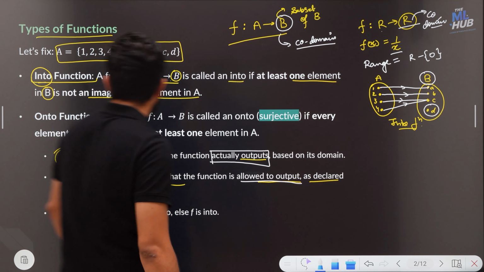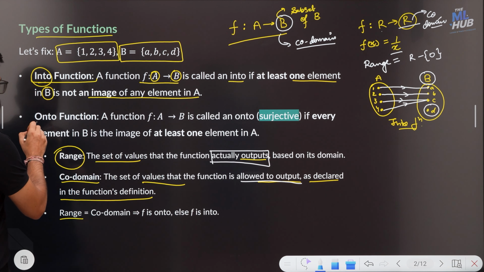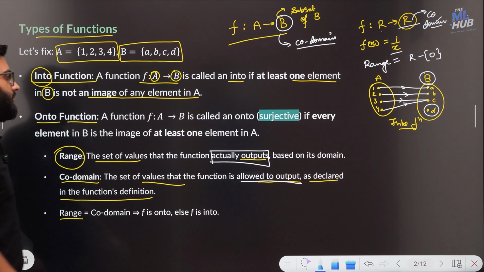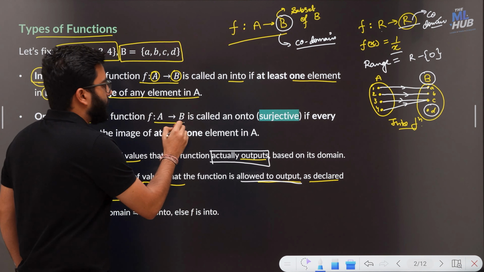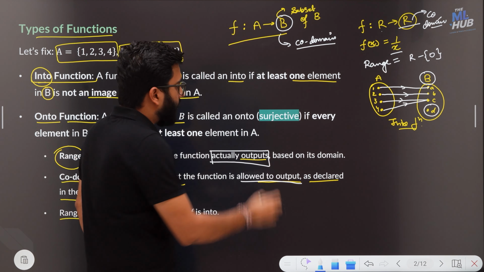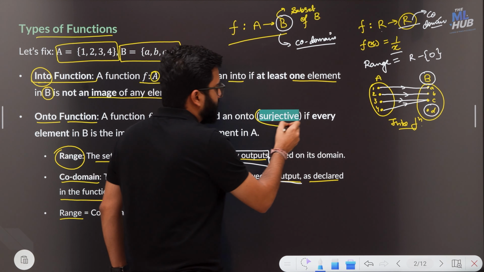Alright, now let's see what an onto function means. Similarly, you have a function from A to B. It is called onto, and onto functions are also called surjective functions.